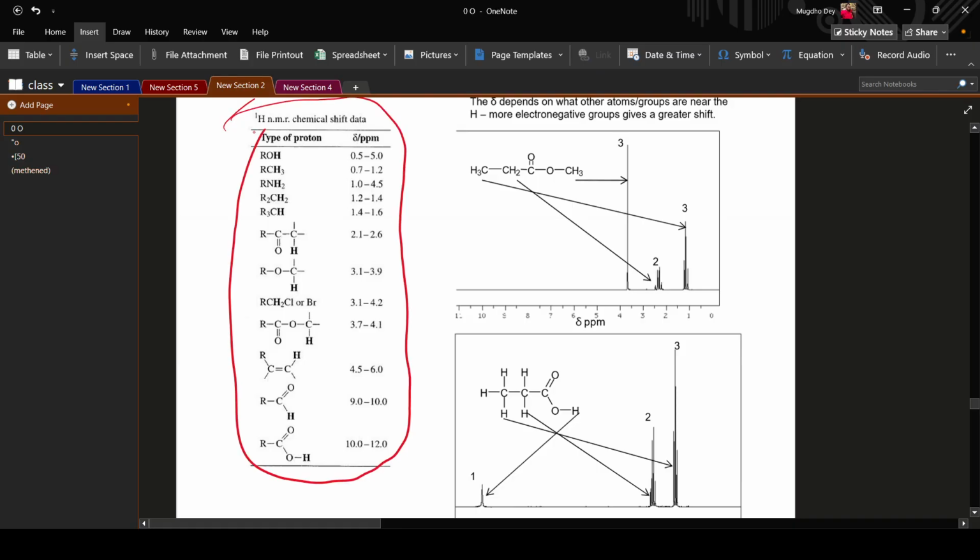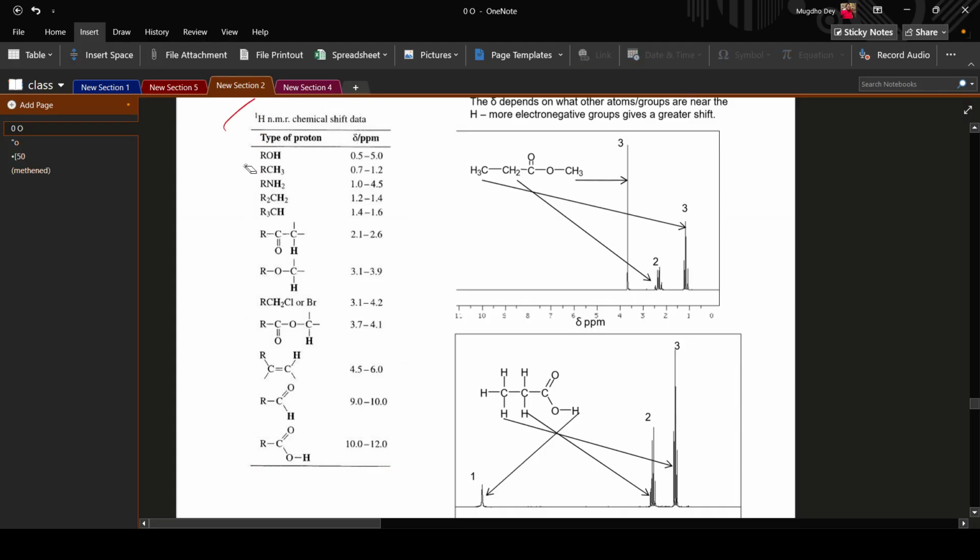See, this is a typical data booklet value. We have some structures provided. For example, for this hydrogen environment, we will have a ppm between here. For this particular hydrogen environment, we'll have a ppm between this range. Okay, and so on and so forth. Now this is very much important.